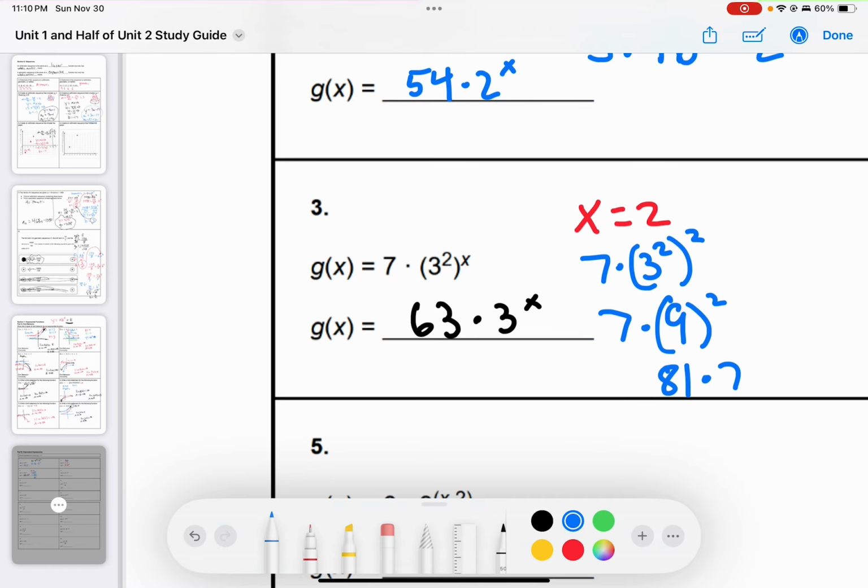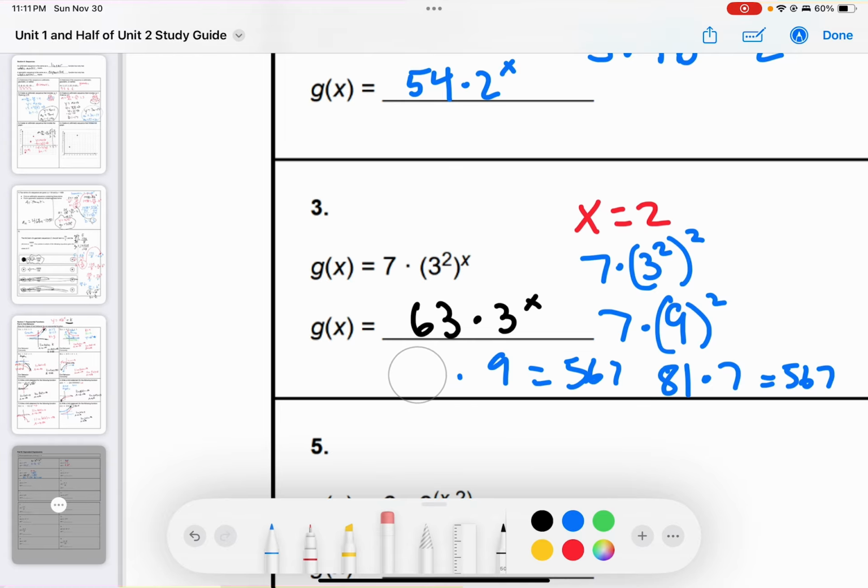We get 81 times 7. So I actually don't think my math is correct. 81 times 7 is 567. And here we have 63 times 9. 63 times 9 is 567. So my math is correct.